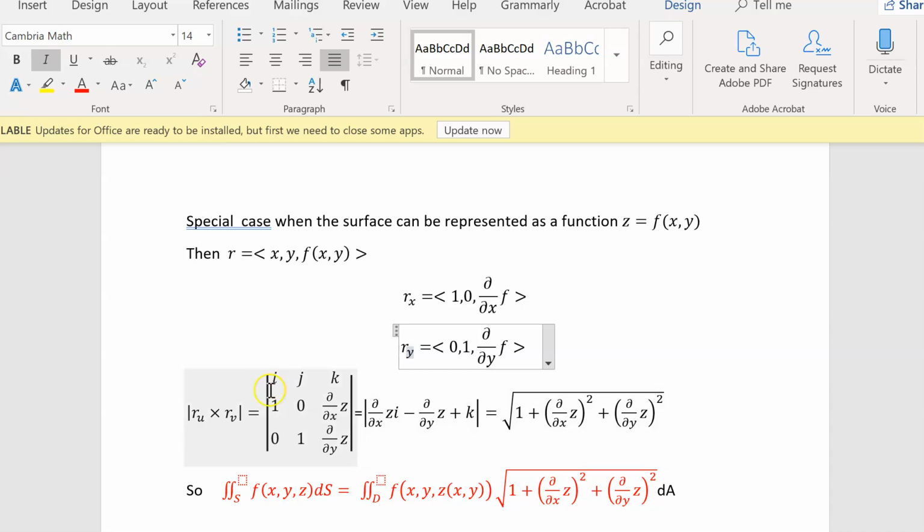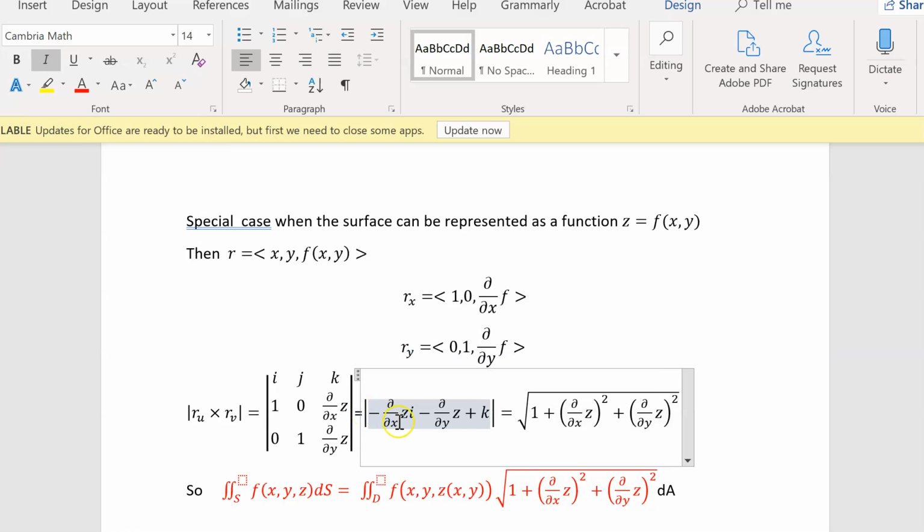And when you do that, let's take the first row. You hide the first row and first column, and we look at the determinant of this 2 by 2, and you get negative partial z partial x. Then we go to j, we hide the first row and the second column, and then we have partial of z with respect to y, and there's a negative in front of that, of course.